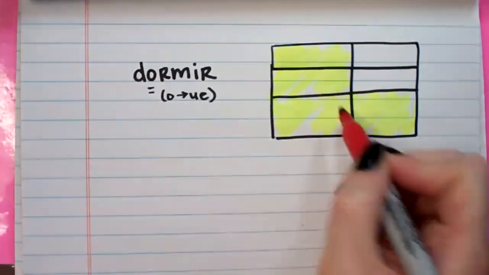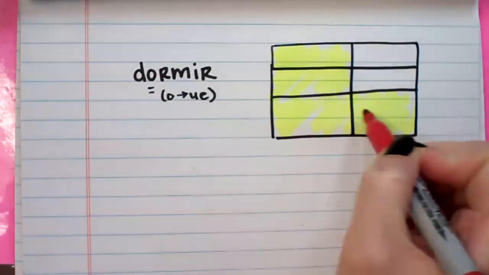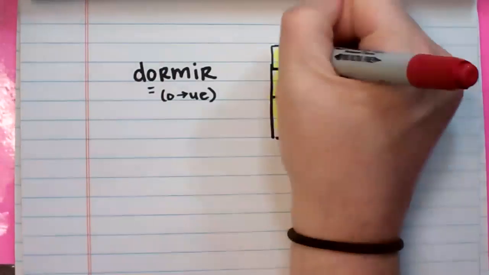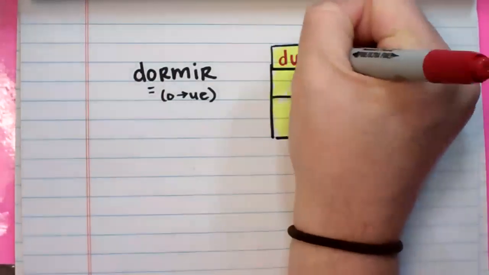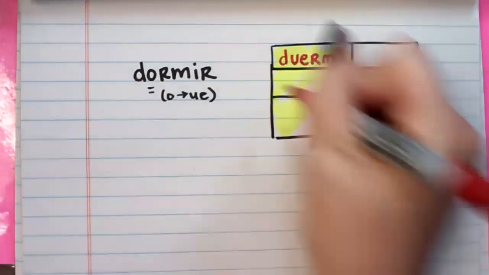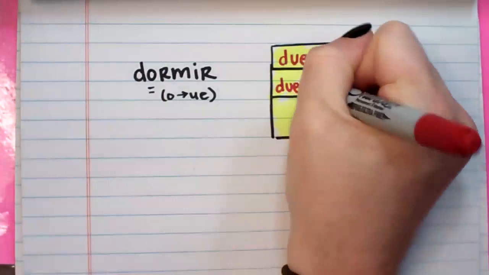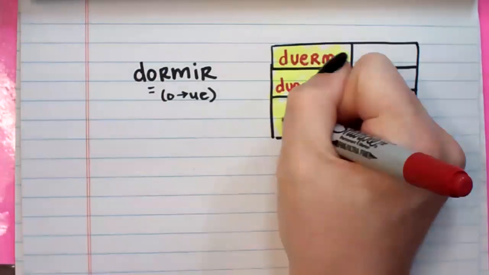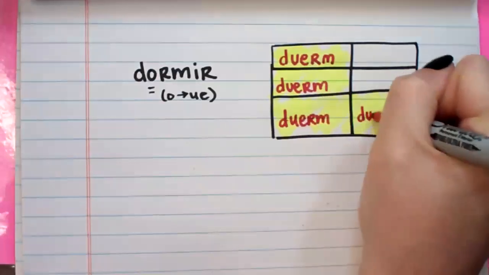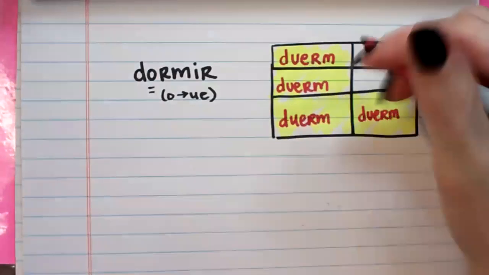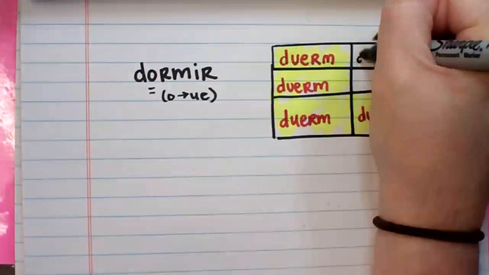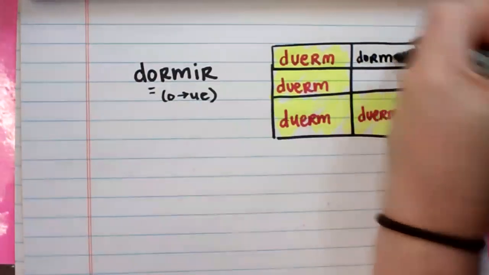So all of these inside of the boot are going to have the same stem. The O changes to a UE, and the rest stays the same. So the stem for all of these is duerm. And then the stem outside is not going to change. It's going to remain an O.